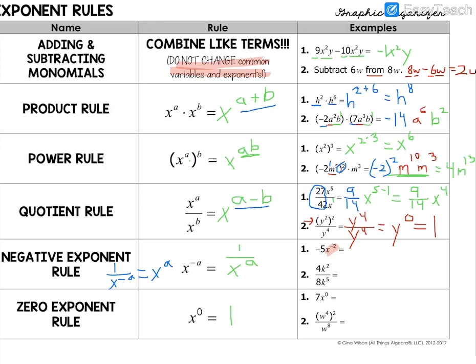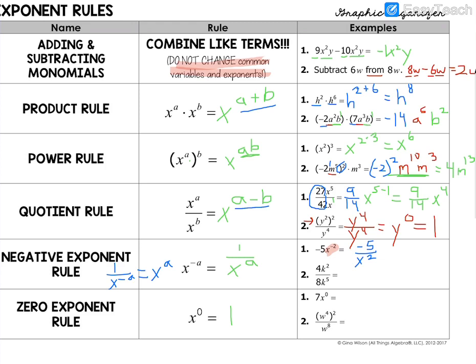So here my negative exponent is on the x. So my -5 is actually going to stay on top, and the x is going to move to the denominator, and that squared is going to become a +2. So doing this again, we have 4 divided by 8. We reduce those coefficients.